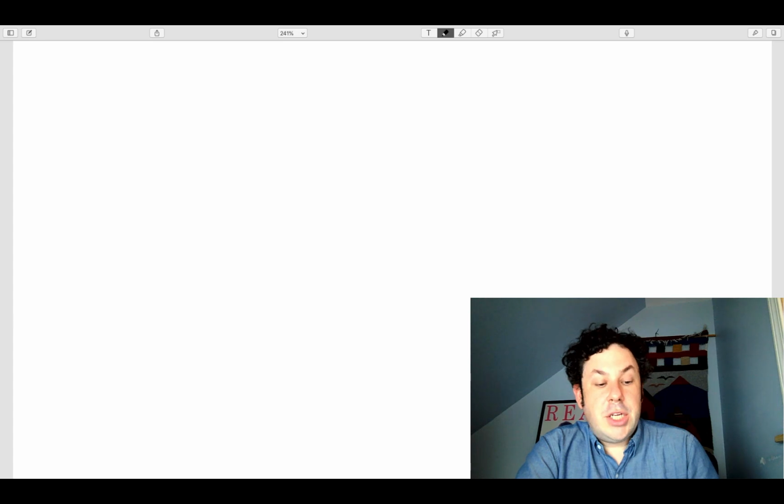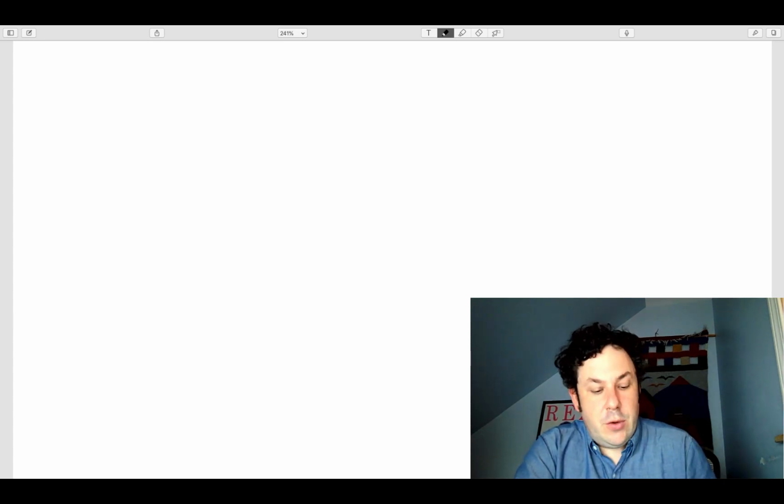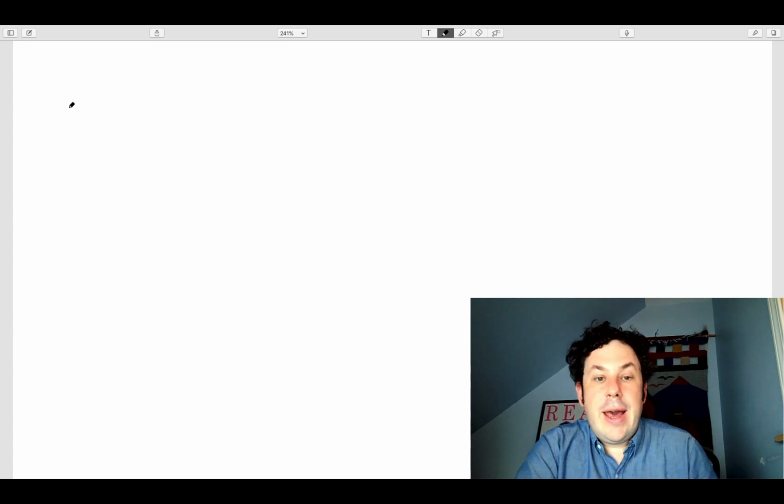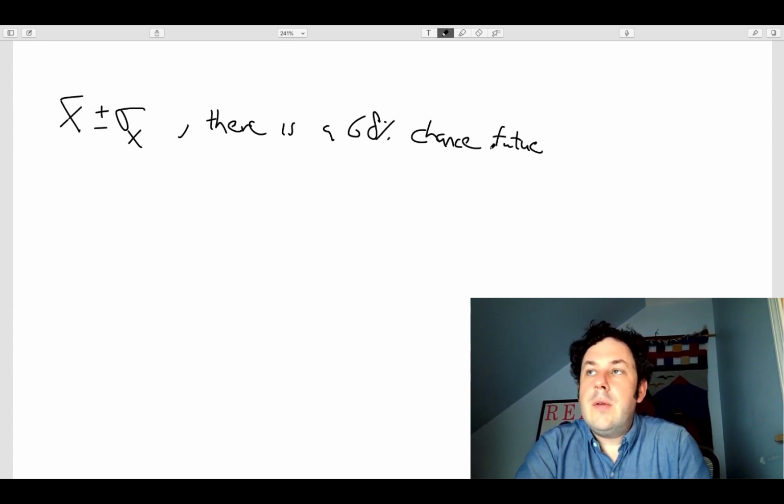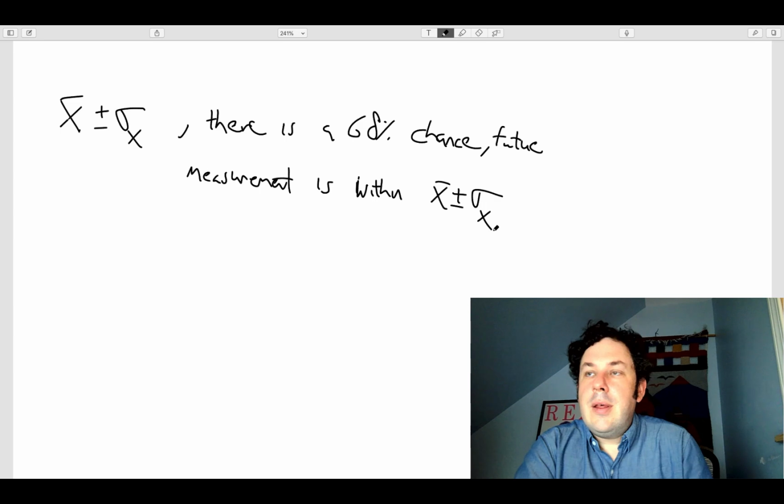So the standard deviation is actually also really useful about talking about the future and predicting future events. So if you have some average value, x bar, that has some standard deviation sigma x, there is a 68% chance that a future measurement is within x bar plus or minus sigma x.